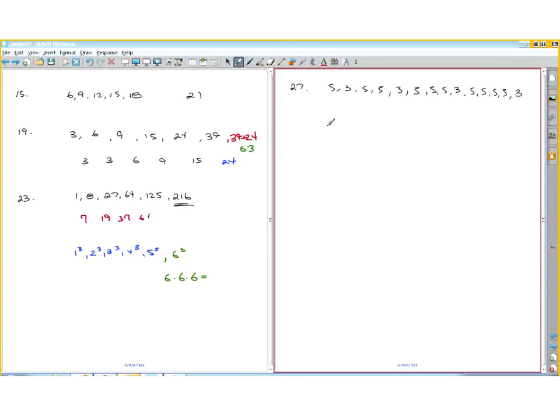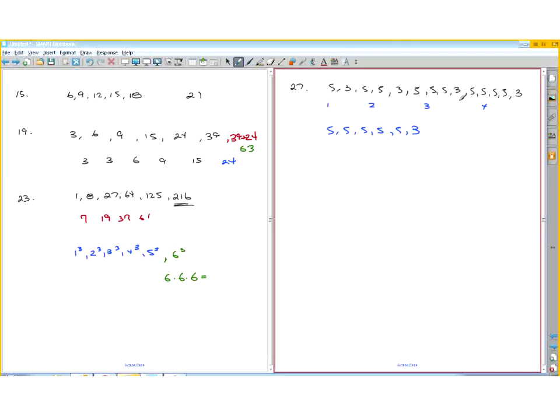So we're seeing this pattern. You can come up with some mathematical way of representing it, but it's 5 and 3 alternating, and the number of 5s keeps increasing. So what we would expect is that the next one will be 5, 5, 5, 5, 5, 3, because we have 1, 2 5s, 3 5s, 4 5s, and we expect 5 5s.